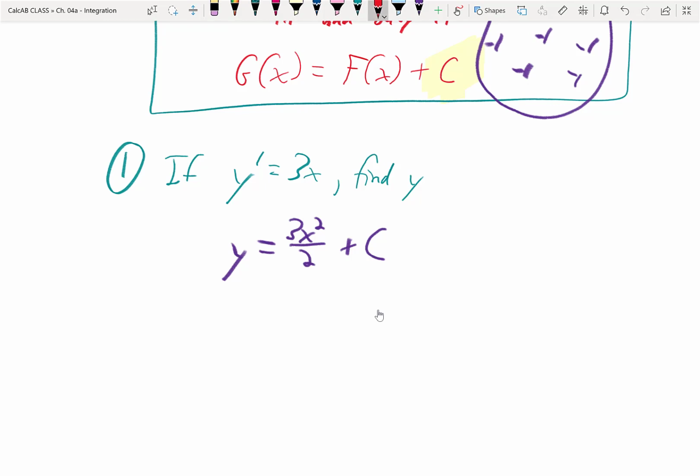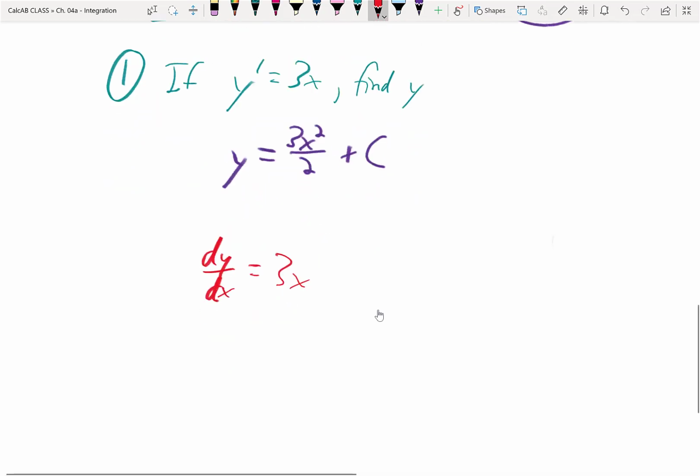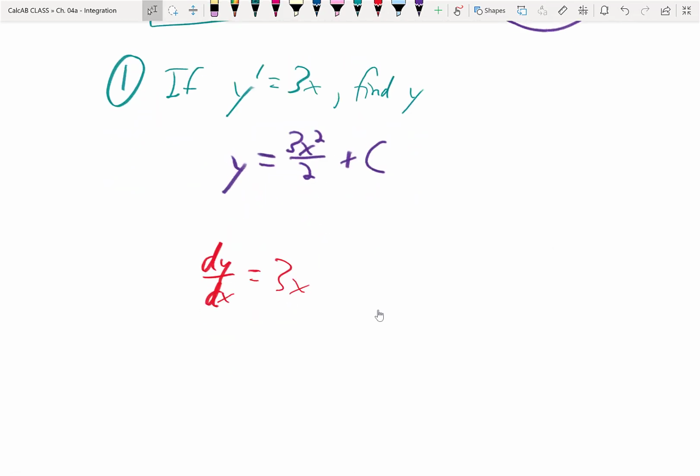Y prime, as you guys remember, was this, right? dy dx, change in y with respect to change in x. And if I say that's equal to 3x, we've also seen, a couple of times, that I can actually split this up a little bit.